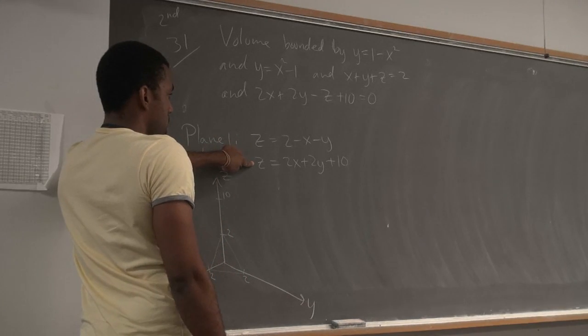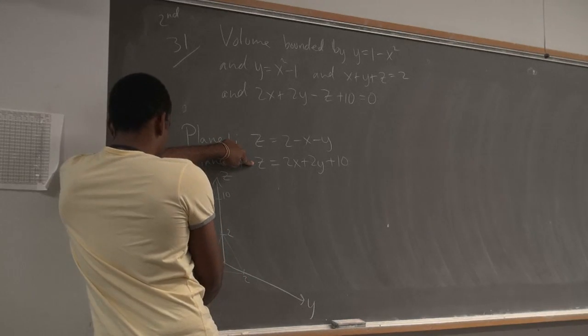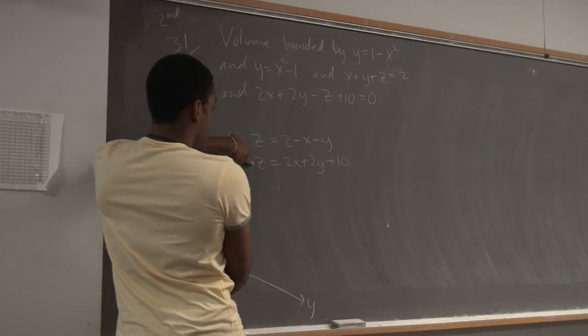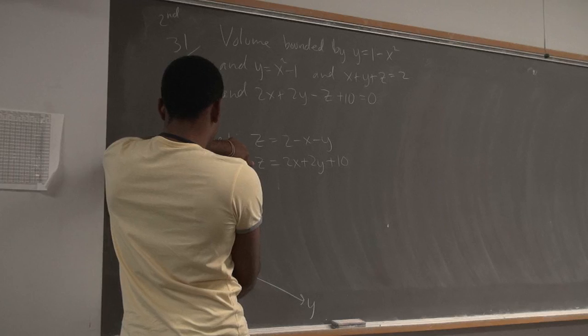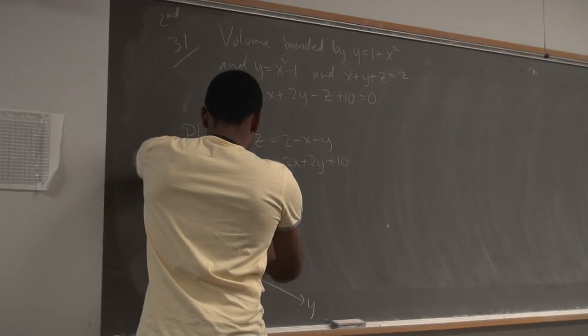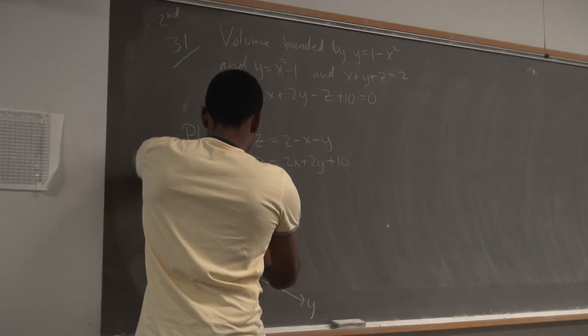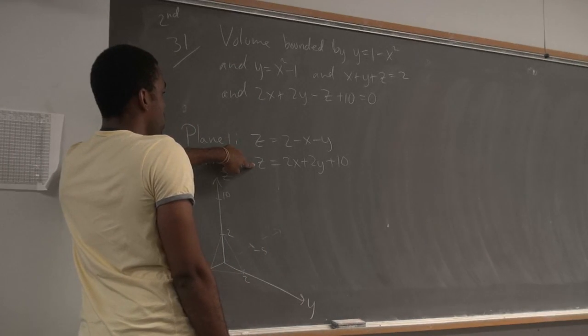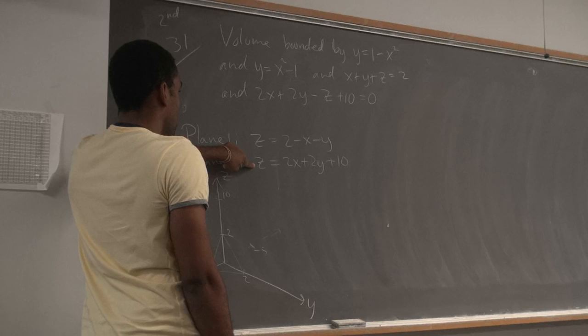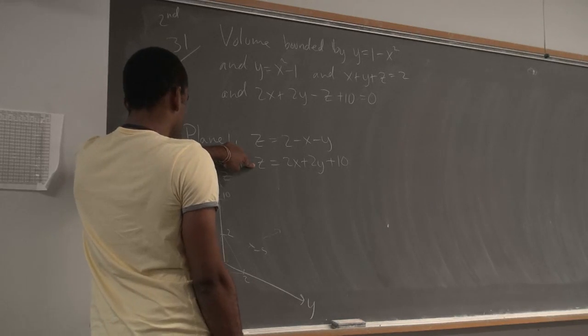Plug in y and z equals 0, you get x equals 5. X equals minus 5. And y would also be minus 5.